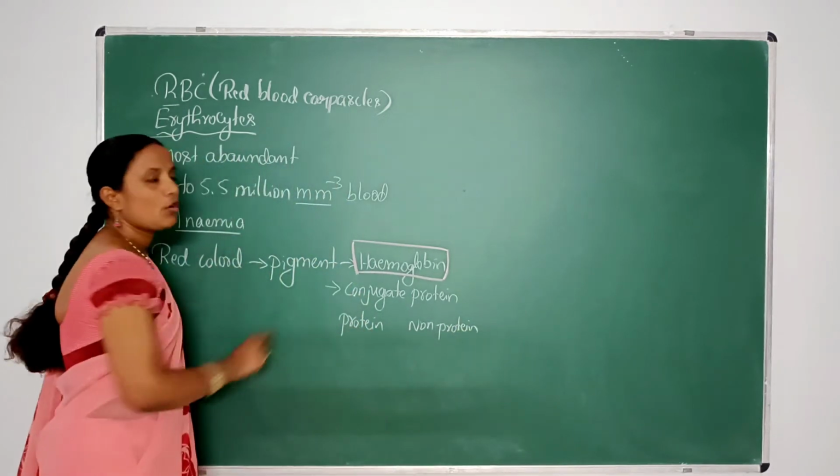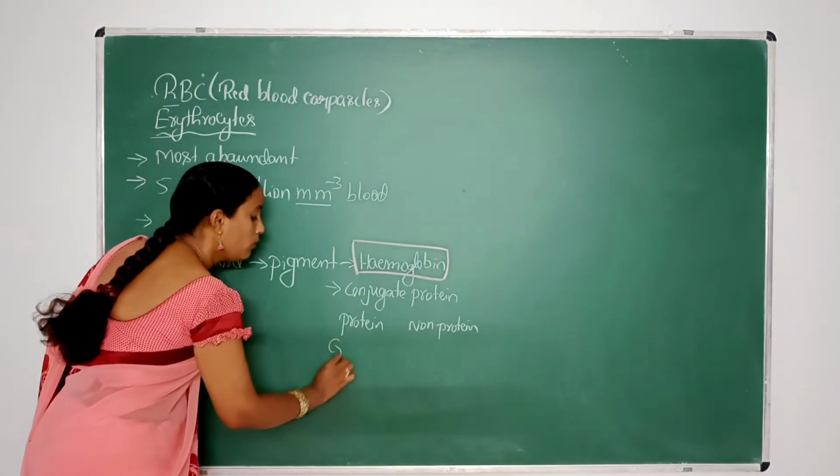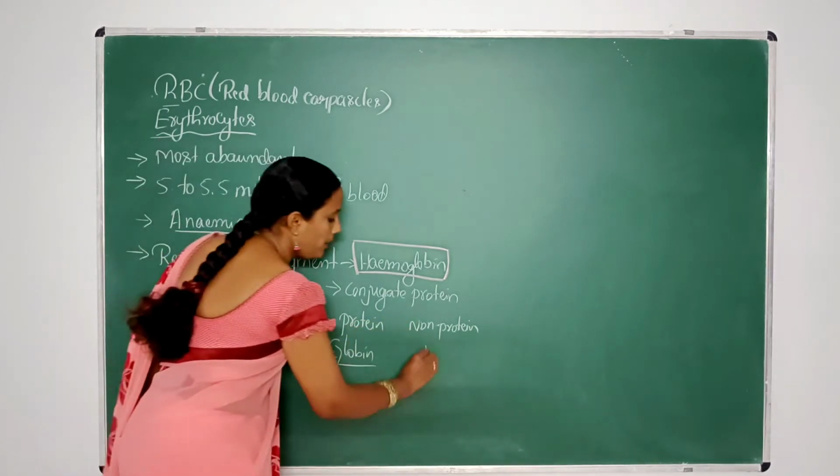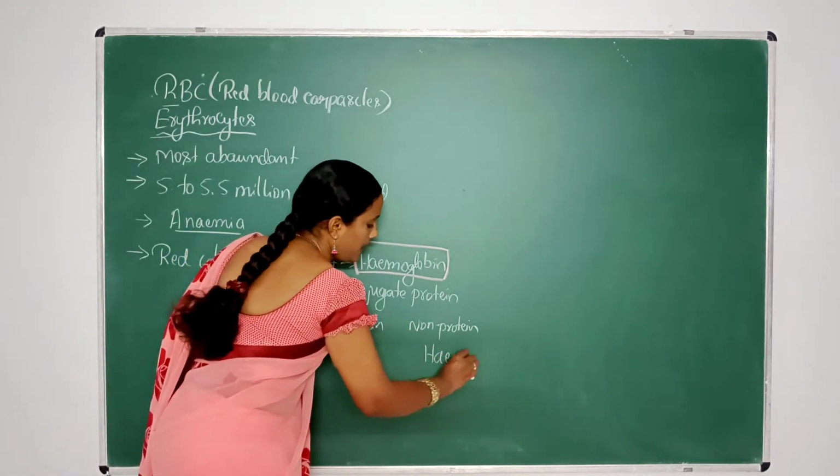The protein part of hemoglobin is called globin, and the non-protein part is called the heme part.